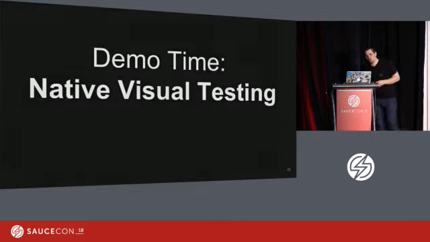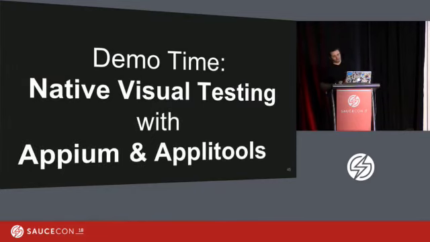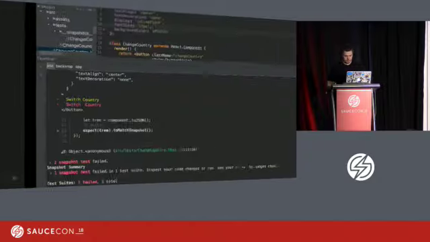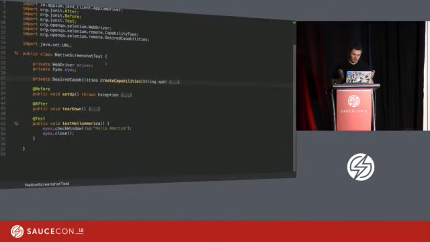What I actually would like to demo is a bit of native visual testing with Appium and Applitools. So let's go to the last demo of today. Here it is.